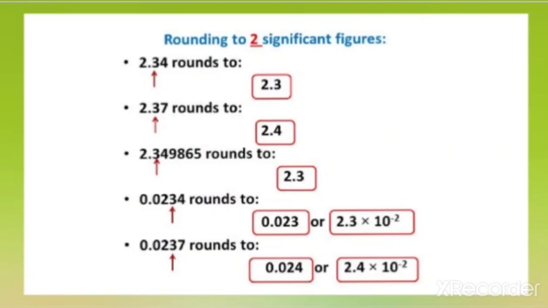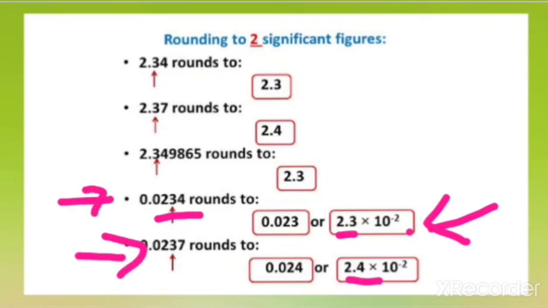And for such types of numbers, it is better to convert into the scientific notation. So already when we convert into the scientific notation, now you can see that it has only 2 significant figures. So such examples can be better converted into the scientific notation as it is done in this case and in this case.